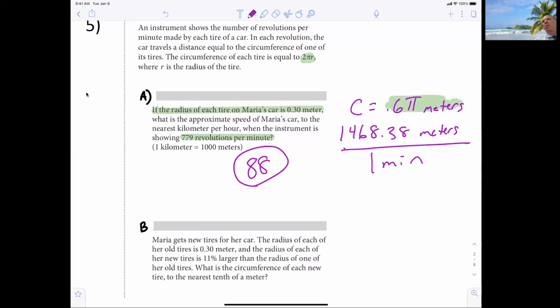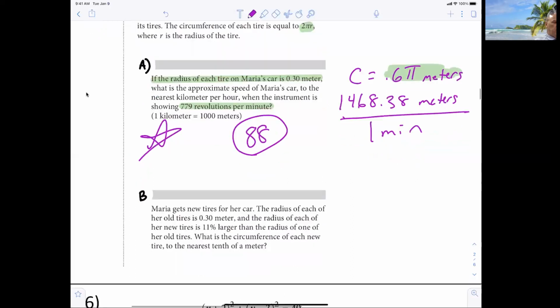I understand part of it is they don't associate the circumference with a linear distance, because you're going round in circles. Does anybody have any questions with that? That's a really nice problem. If you understand that, you got that right, that's very good.